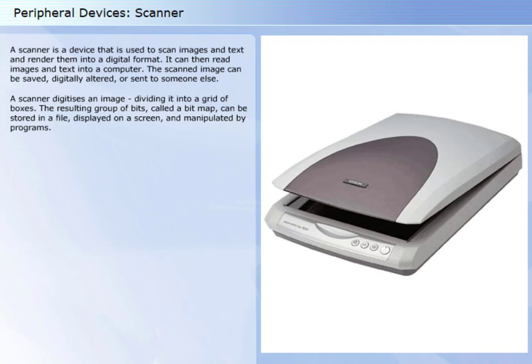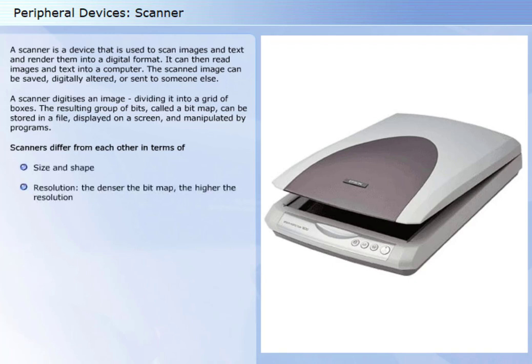The resulting group of bits, called a bitmap, can be stored in a file, displayed on a screen, and manipulated by programs. Scanners differ from each other in terms of size and shape, resolution (the denser the bitmap, the higher the resolution), and bit depth.